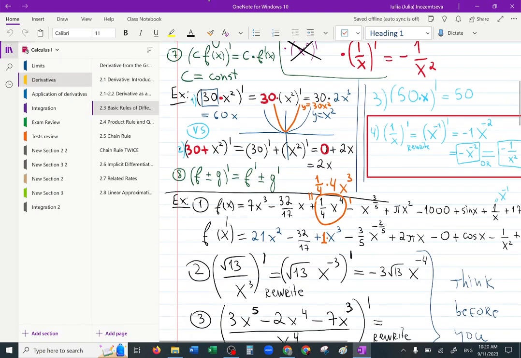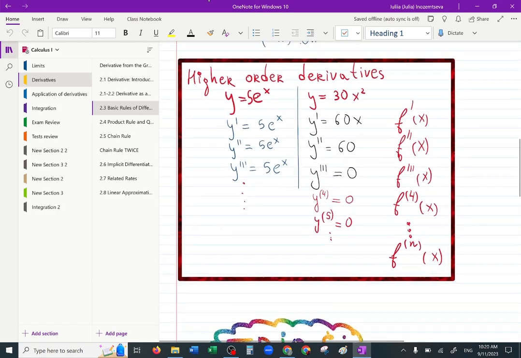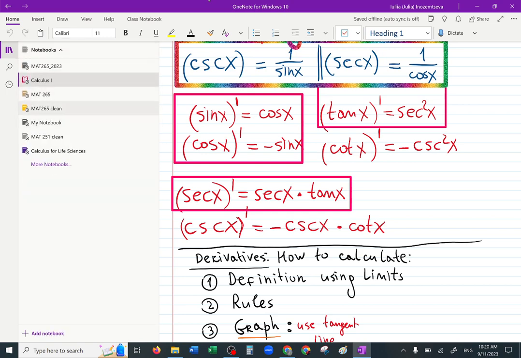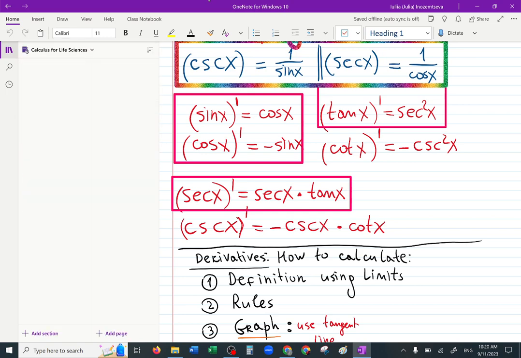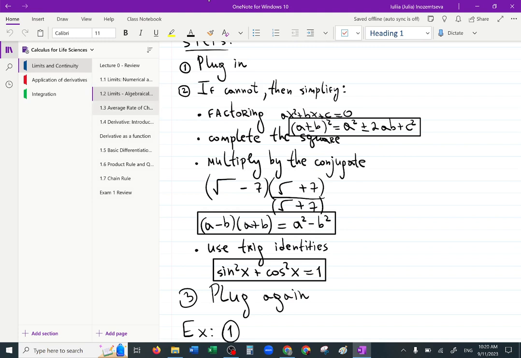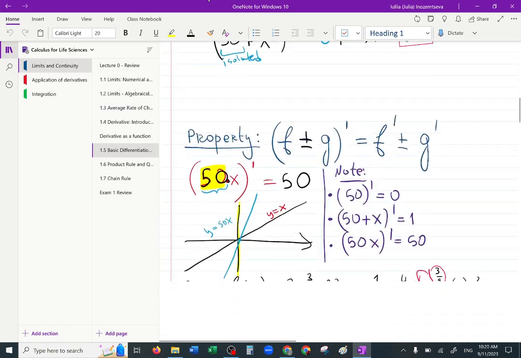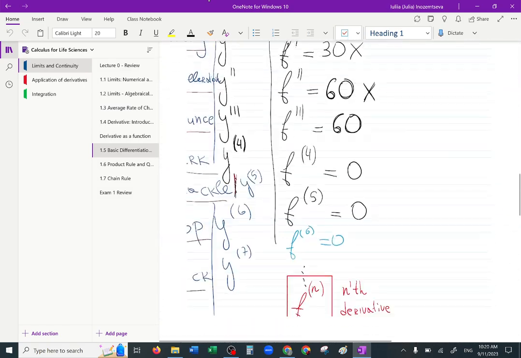Basic derivatives. Let me check. I have this. Some of my class I gave really cool. Maybe life sciences had a chance to actually check it out. Derivatives. Let's see. I said physics people will like it, and then I cannot find it.